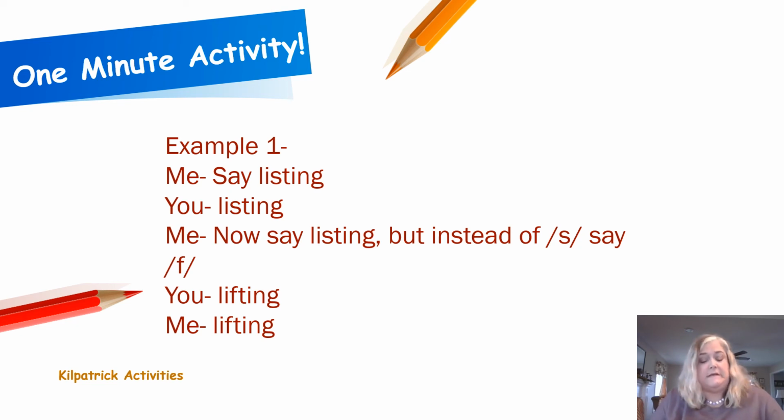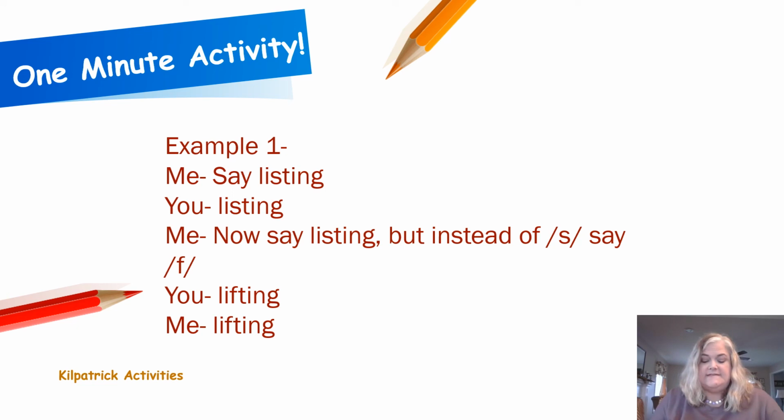Say roasting. Now say roasting, but instead of st, say p. Roping. Correct. Say hasn't. Now say hasn't, but instead of z, say v. Haven't. Say shuffle. Now say shuffle, but instead of f, say v.